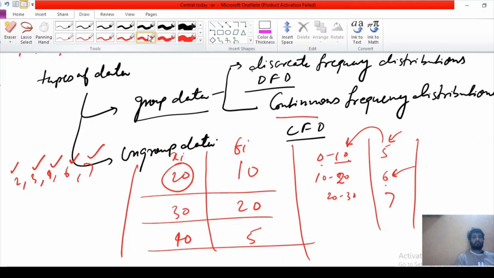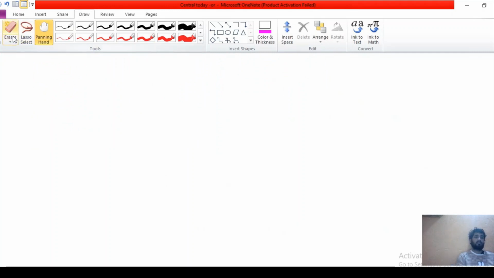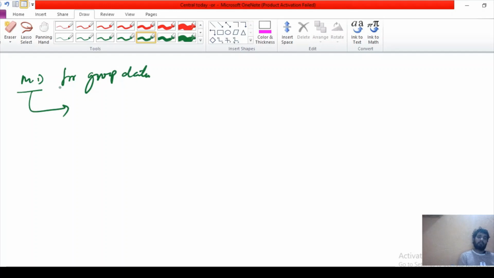So coming again to the mean deviation, MD for grouped data. MD means mean deviation. First find the central tendency, maybe mean, mode, or median. In the last class we studied well how to find mean, mode, median for grouped data and discrete data as well.